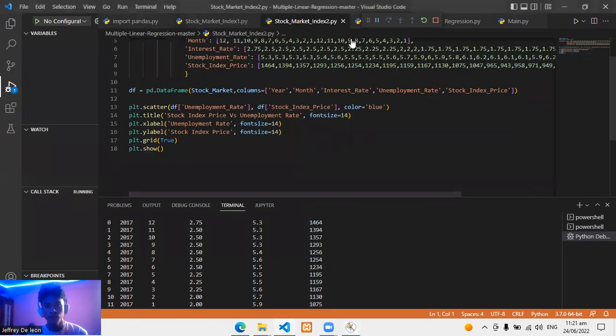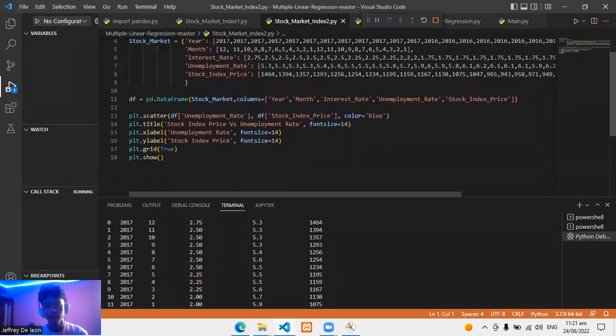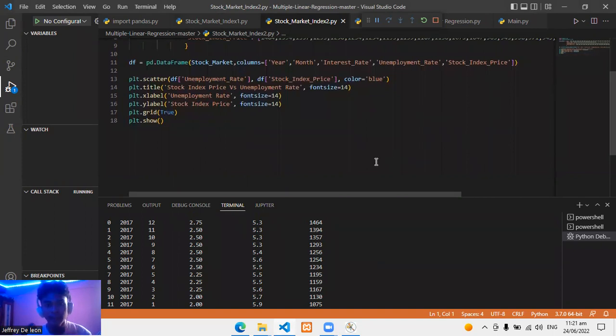Next codes is for the linearity relationship of our stock index price and our unemployment rate. I-check din natin yung linearity relationship niya. I-run natin.